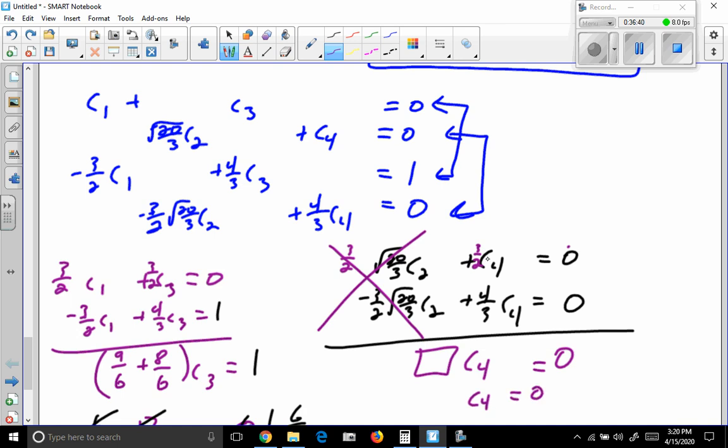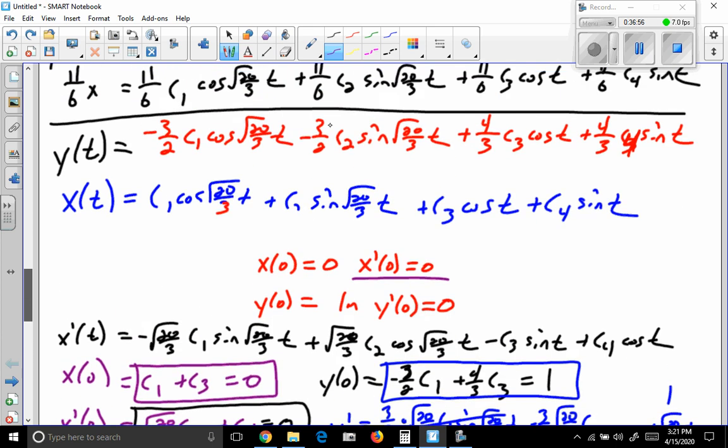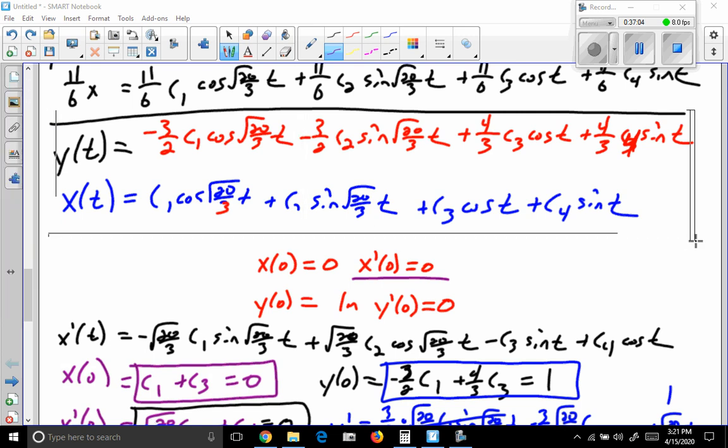If we substitute 0 in for C4, if that's 0, then that would have to equal 0, and the only way that can equal 0 is if C2 is 0. So that means our solutions, if we copy x and y, let's copy these over and put the correct coefficients in.